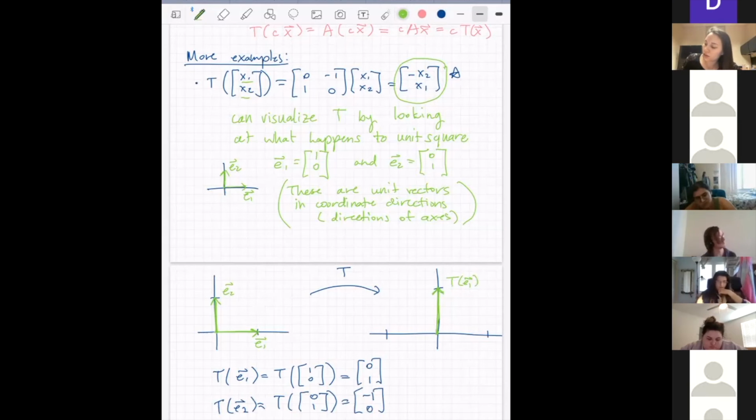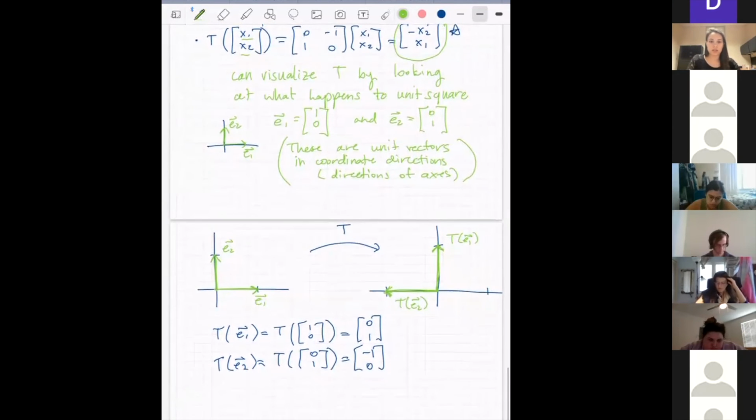So our image of E2 is right there. So what it looks like happened is everything was rotated 90 degrees. It took our unit square here and rotated it this way. We can do one more vector just to verify that what we think is going on is actually what is going on.